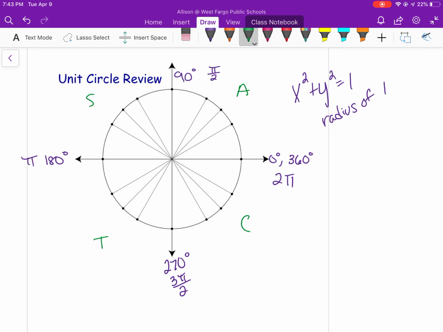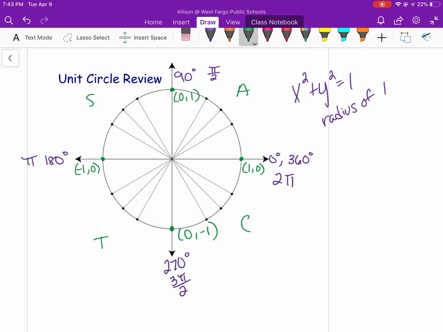Well, these points along the unit circle, since it has a radius of 1, this point right here is 1, 0. The point at 90 degrees will be the point 0, 1. The point at 180 degrees is the point negative 1, 0. So I'm talking xy coordinates here. And the point at 270 degrees is the coordinate 0, negative 1.